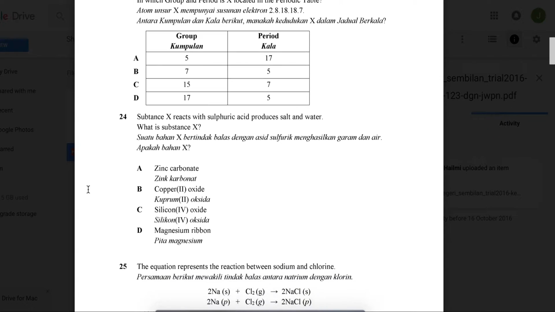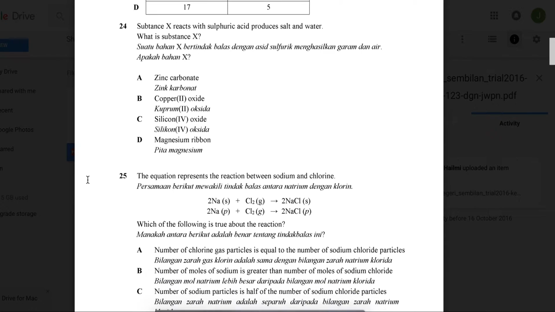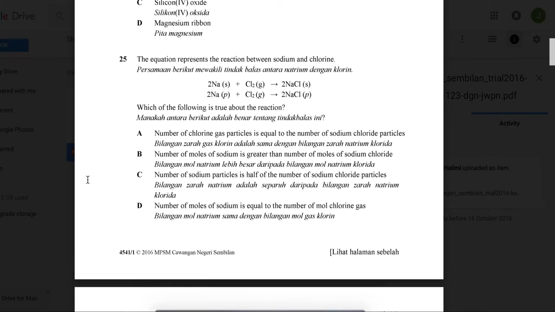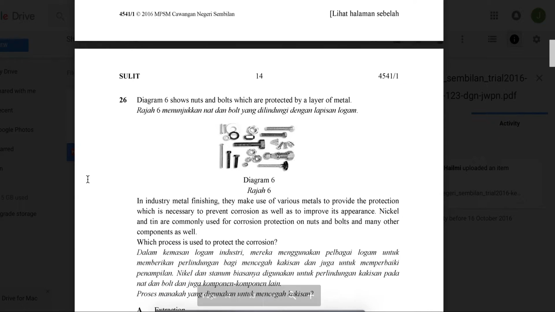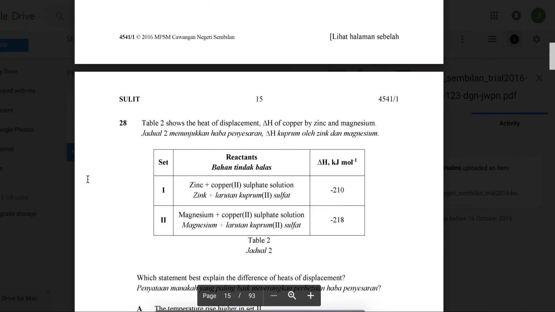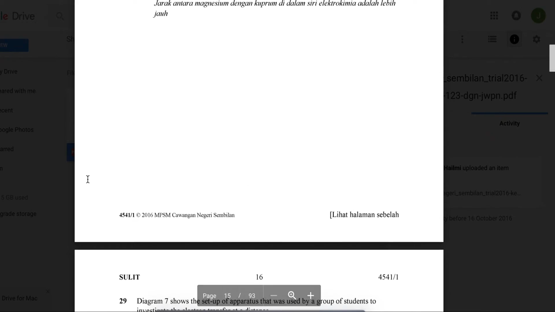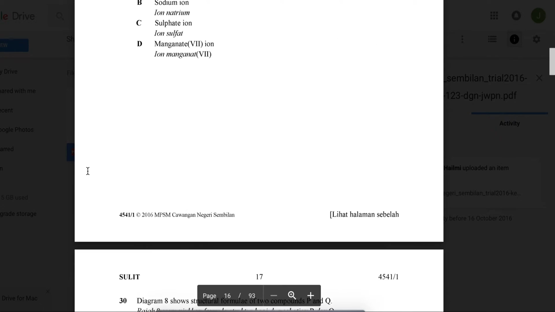No periodic table, no periodic table. Periodic table. Let's see. Any more periodic table? No, no. And believe me guys, all these questions look hard right now, but they are all kachang.